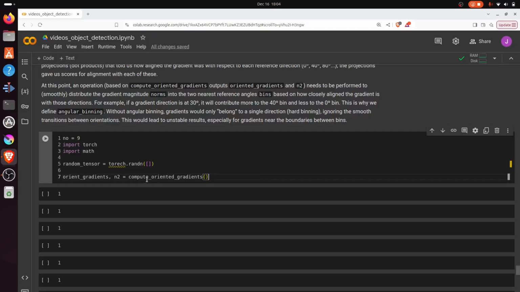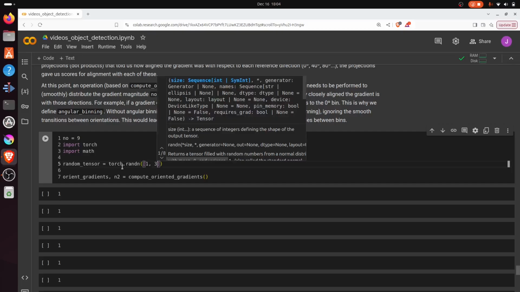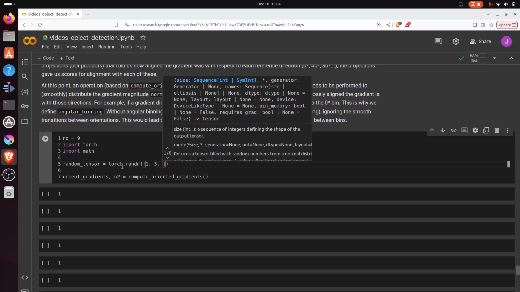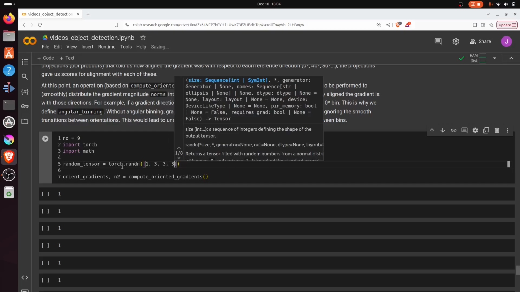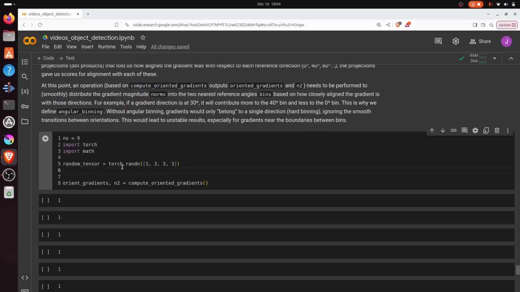So let's continue. Fantastic. So we're going to have 3 channels, and just to keep it very simple, just a 3x3 image. And just to keep track of what we do, let's print this out: original tensor.